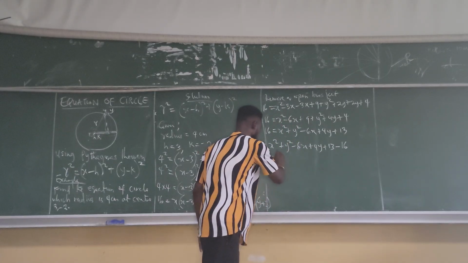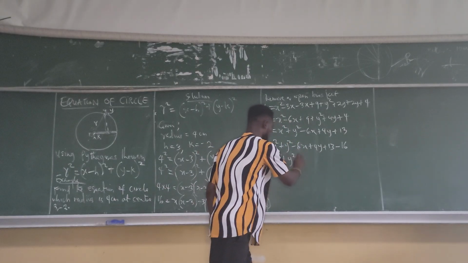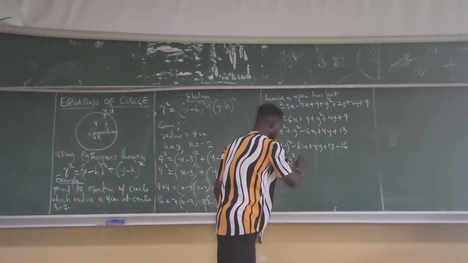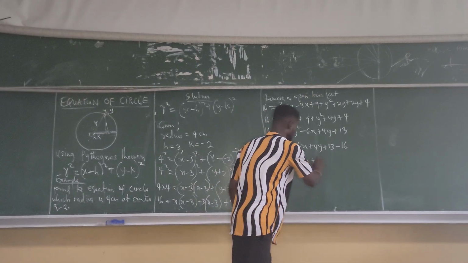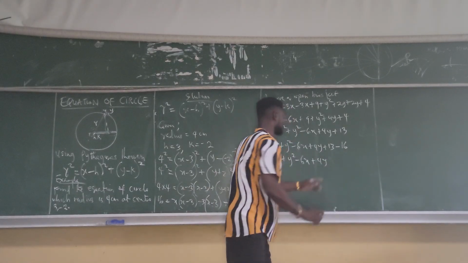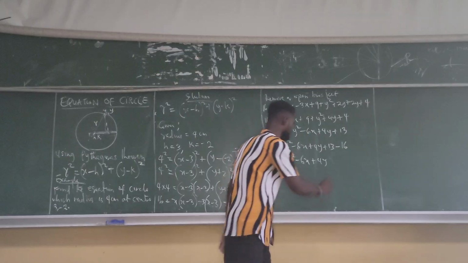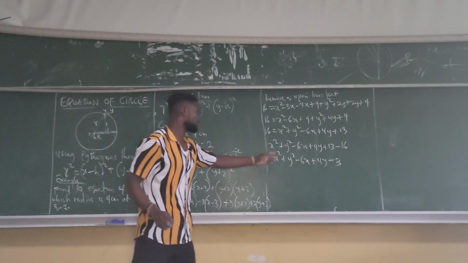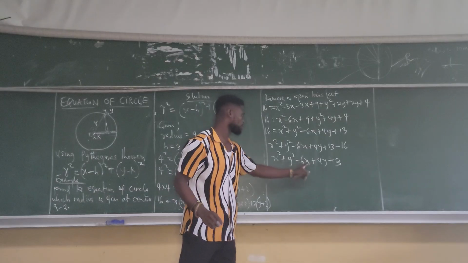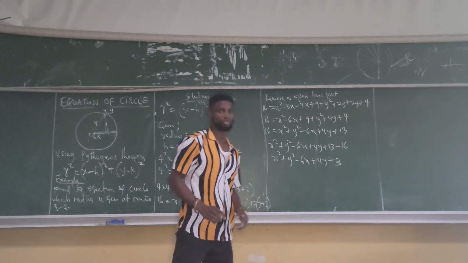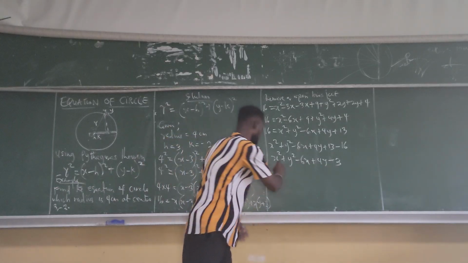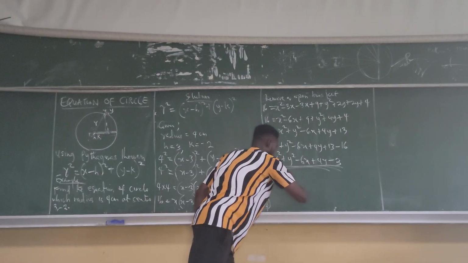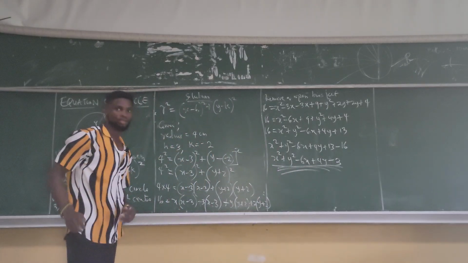Therefore, we have x square plus y square minus 6x plus 4y, plus 13 minus 16 will give us minus 3. Therefore, x square plus y square minus 6x plus 4y minus 3 becomes the equation of the circle.